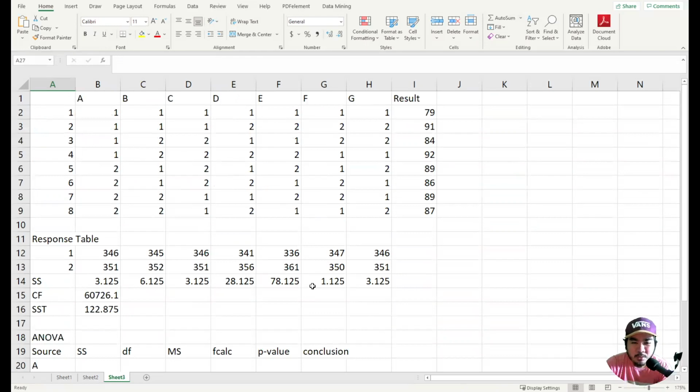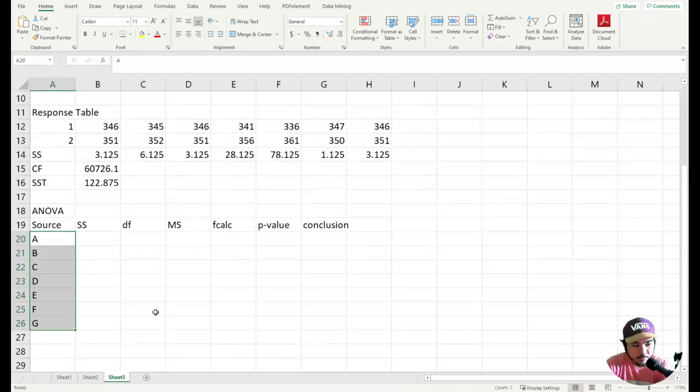Similar to ANOVA, to get interactions you also need replications. If you remember, if we do a two-way ANOVA without replication, we can't get an interaction effect, but with replication, then we have interaction.